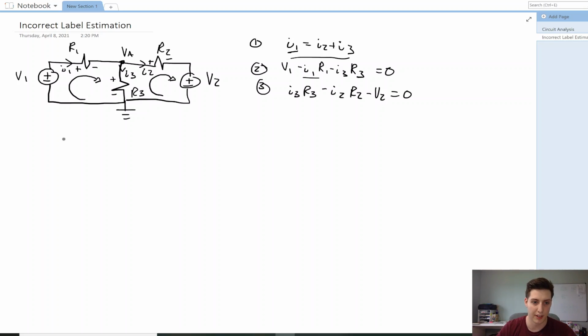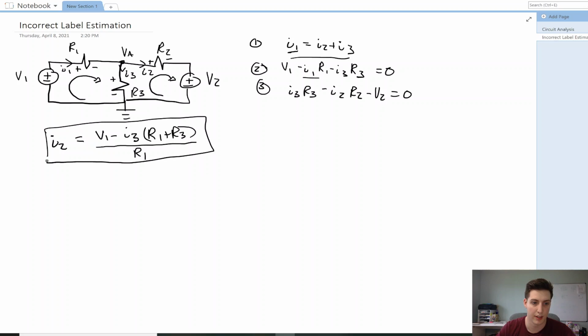So we can do the exact same substitution as before, and now we will find that I2 is equal to V1 minus I3 times R1 plus R3, over R1. We can plug I2 back into these equations and find that I3 is equal to V2 plus V1 R2 over R1, and that is all over R3 plus R2 over R1, R1 plus R3 in parentheses.